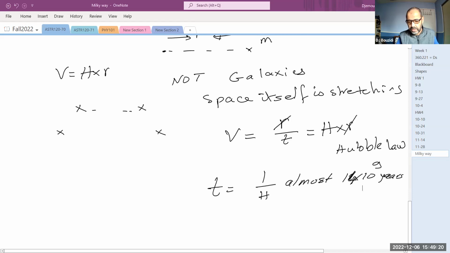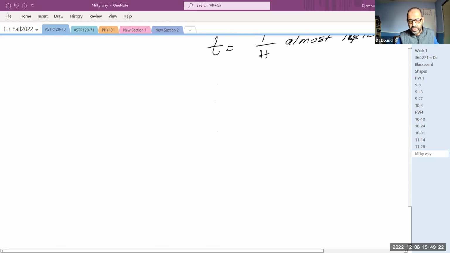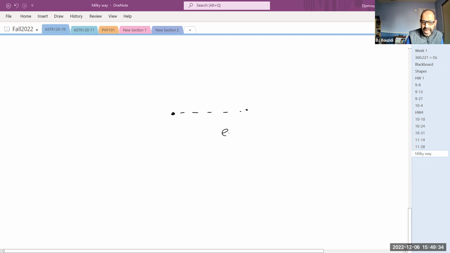There was an unsettling question. If the universe is expanding, because space itself is stretching, is there enough mass to slow it down?